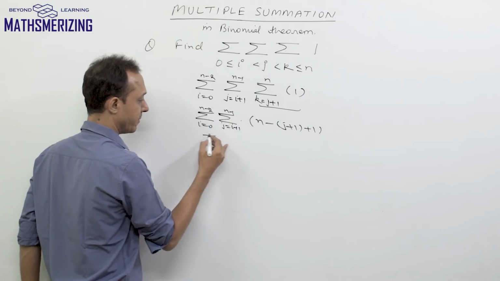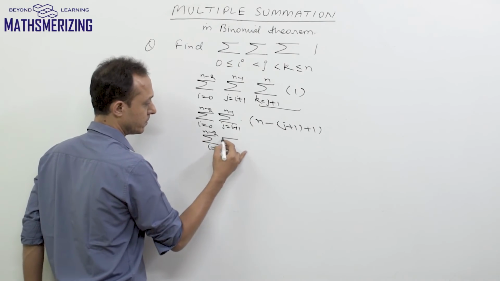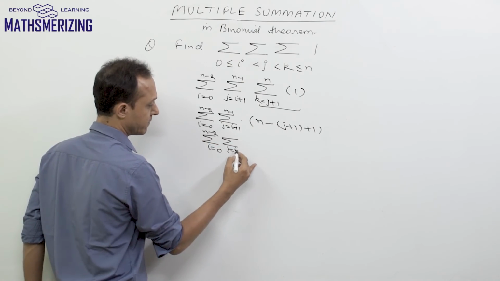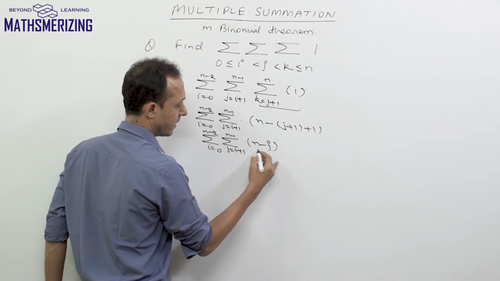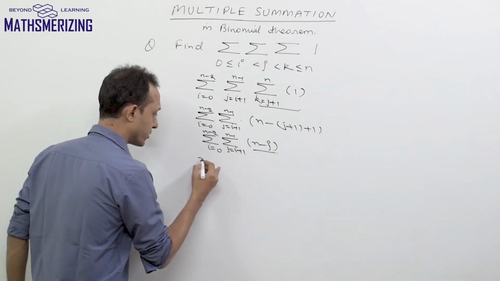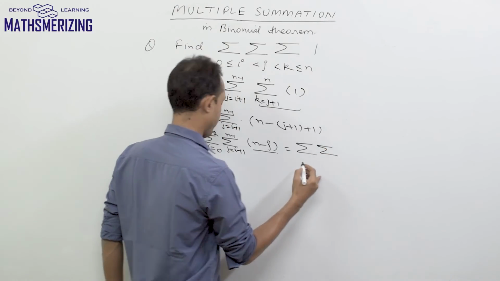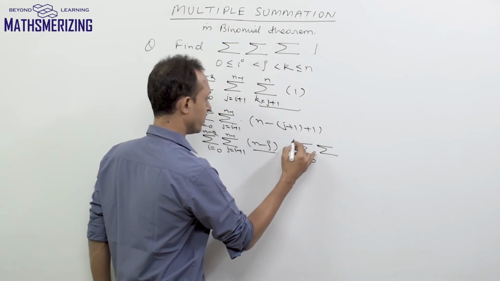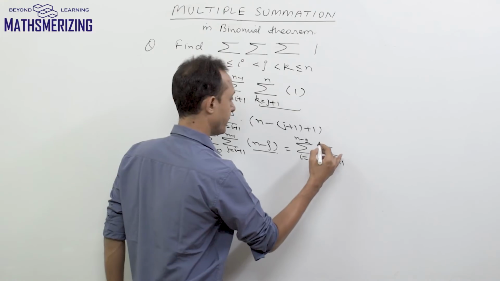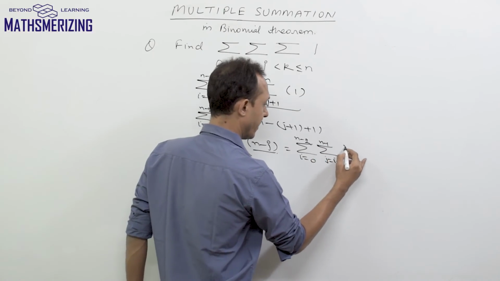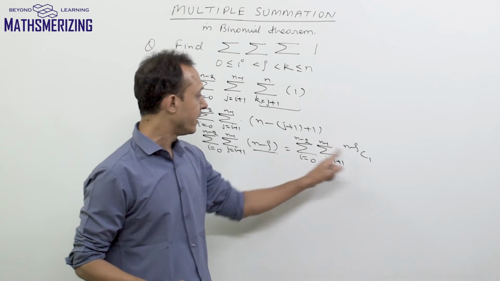So that should be summation i varies from 0 to n minus 2, j varies from i plus 1 to n minus 1, and it should be n minus j. I can also express it as summation i varies from 0 to n minus 2, j varies from i plus 1 to n minus 1, and then I'll write it as n minus j c1, because I know nc1 is simply n.